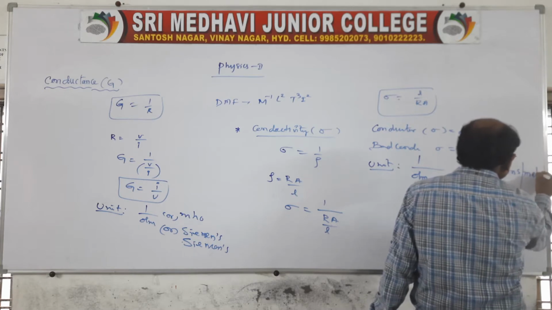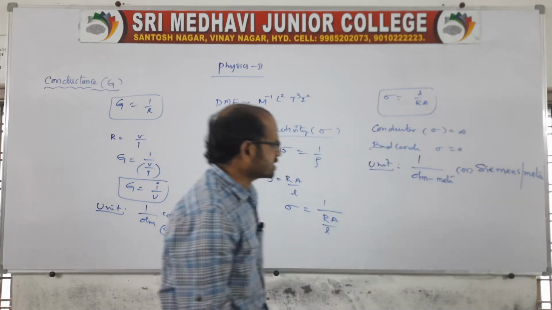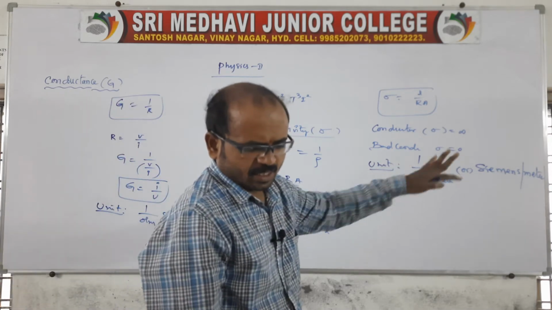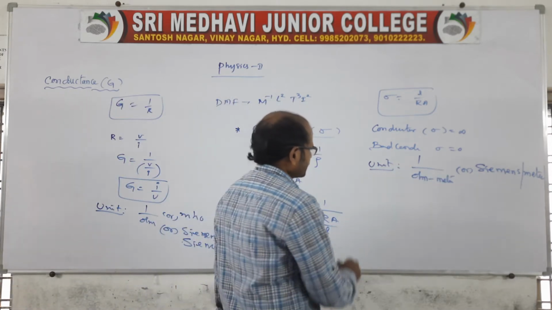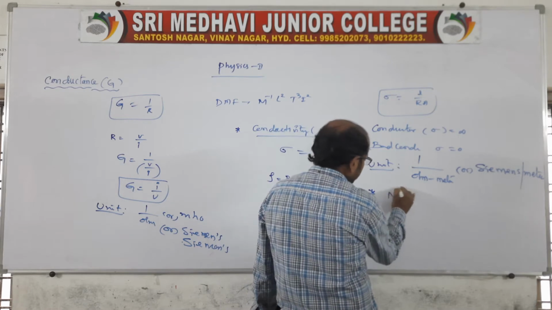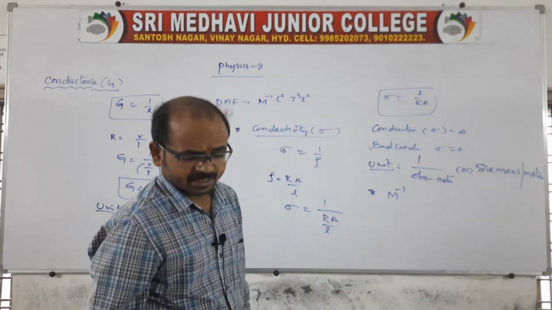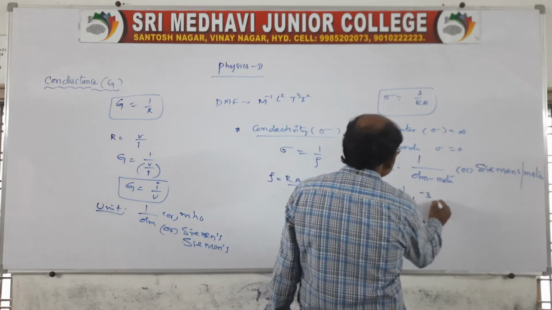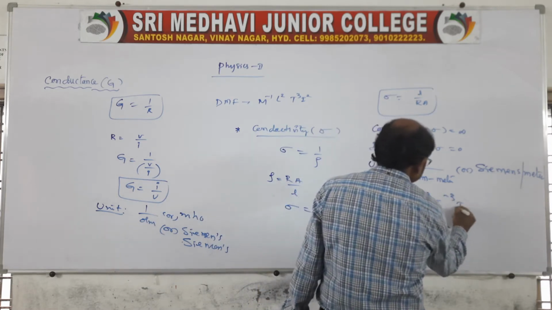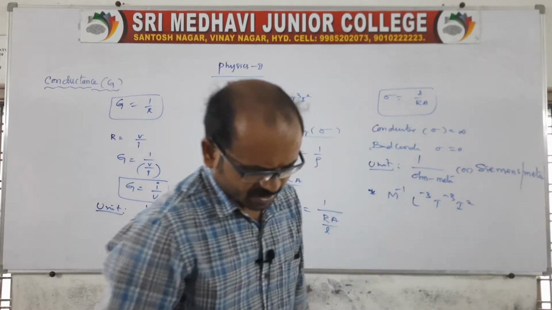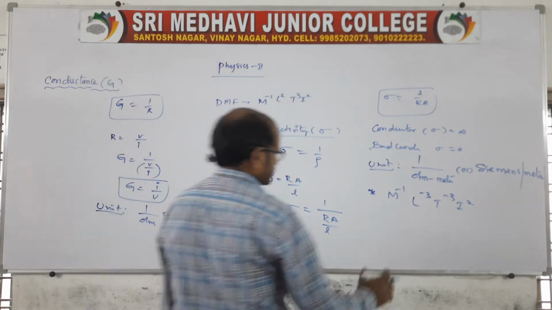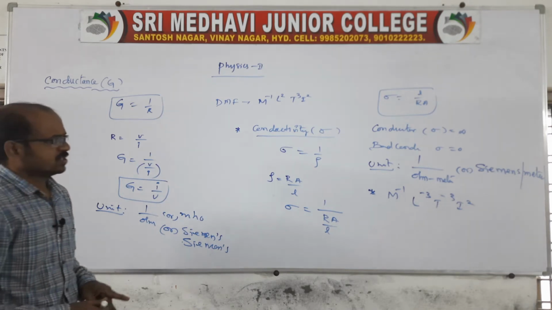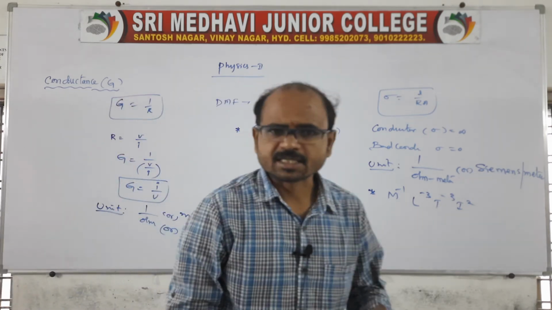As well as the dimensional formula we need to write. Here it is M power minus 1, L power minus 3, T power 3, I square, which is the reverse of resistivity.